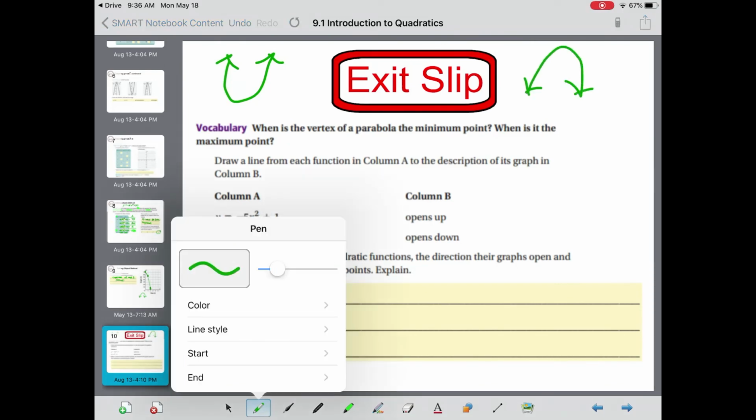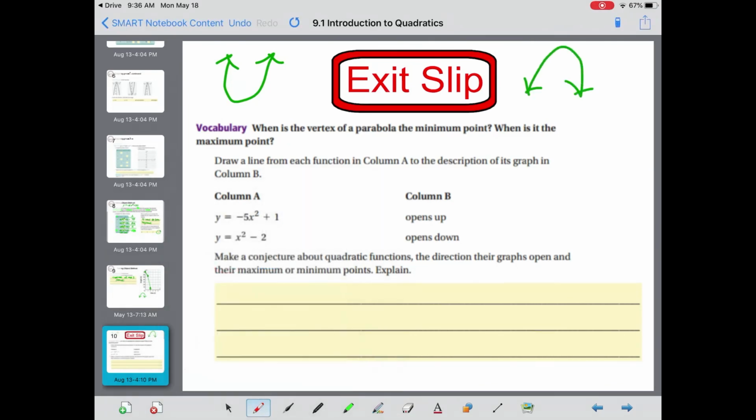Well, remember, we said we have positive parabolas and we have negative parabolas. Positive parabolas have the vertex at the bottom, which means it's a min. Negative parabolas have the vertex at the top, which means it's a max.